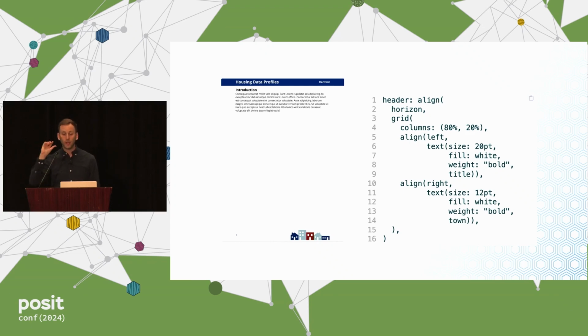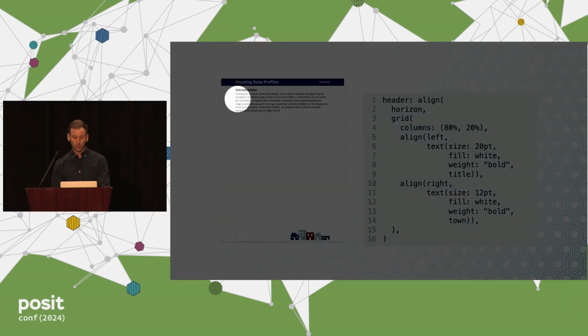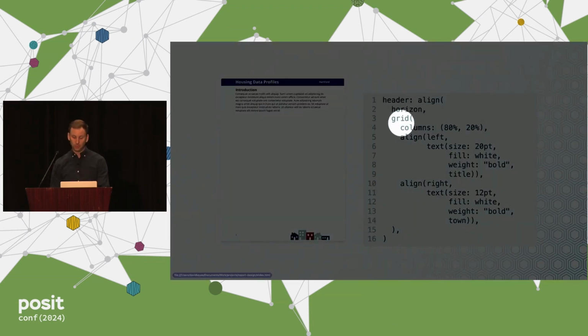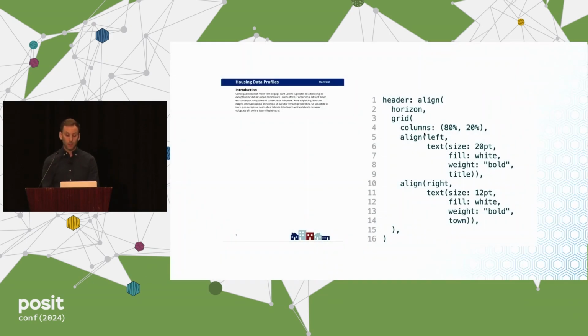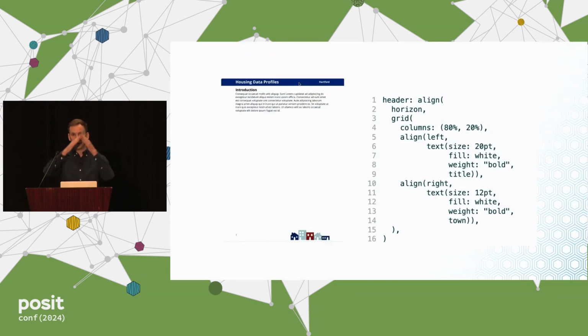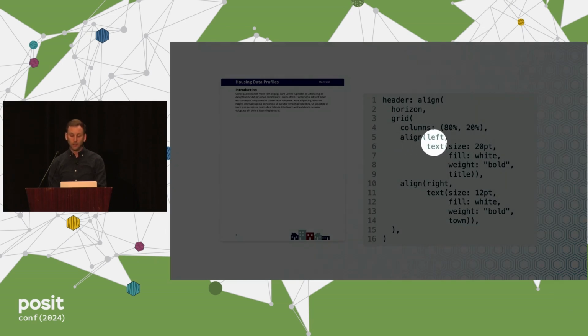Next, in the header, I want to add my text, like housing data profiles and Hartford. The most important piece here is to focus on the grid, where I'm saying grid columns 80%, 20%. The 80% is this column here, and that's going to take up 80% of the width. Then down here, I'm saying align on the left side.